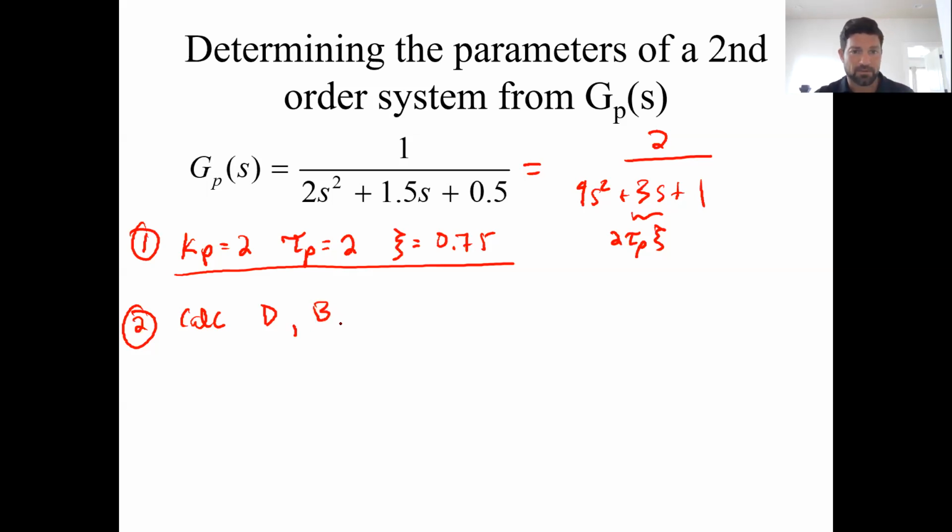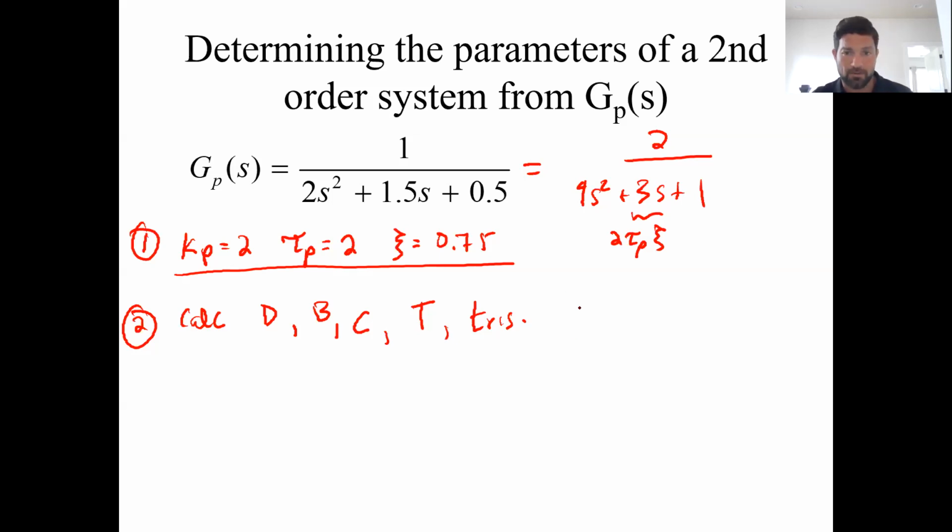I can calculate B, which is the overshoot. I can calculate C if I need. I can calculate T. And then I can also calculate T rise. These are going to be based on equations that show up in the textbook.